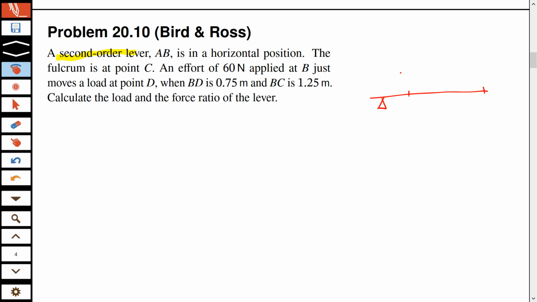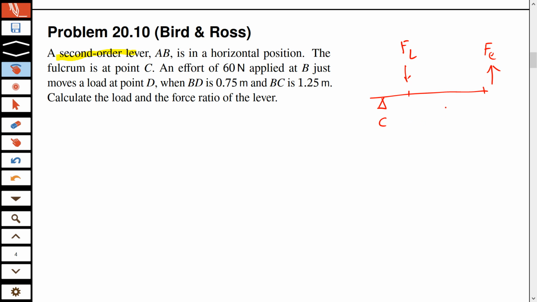So here you will have load FL and the effort has to be upward if you want to balance that. The fulcrum is point C, so let's call this point C.